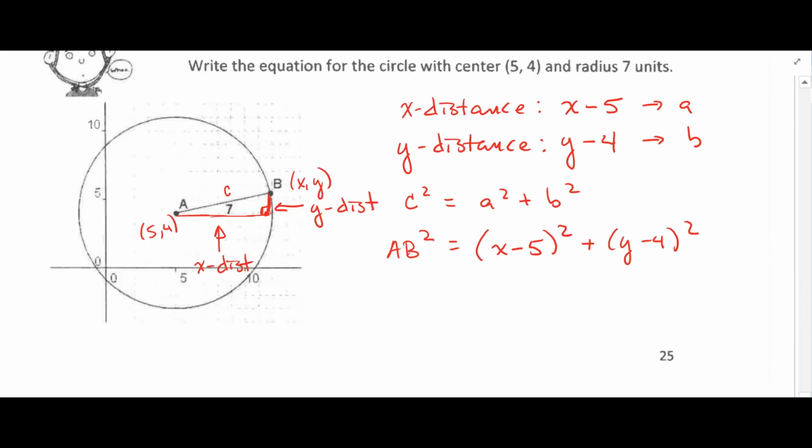And really this is a radius of the circle, so now I'm going to replace that with r and flip-flop these. So I've got x minus 5 squared plus y minus 4 squared, and again I'm replacing segment AB with r, is equal to r squared.